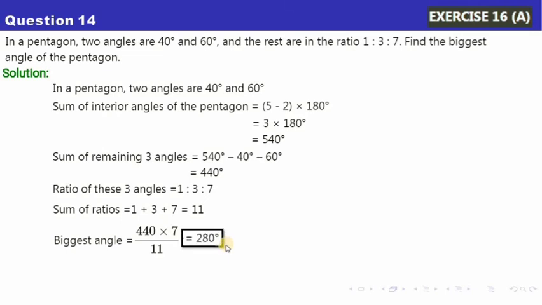So calculate this, and it turns out to be 280 degrees. So that means the biggest angle in this particular pentagon is 280 degrees. All right. So you may pause the video and note down your solution.